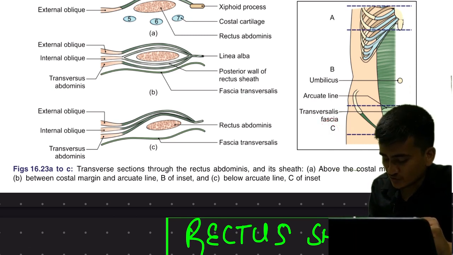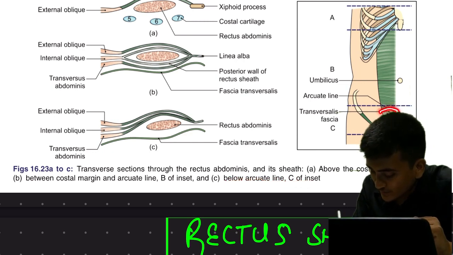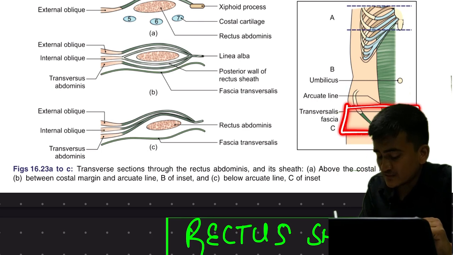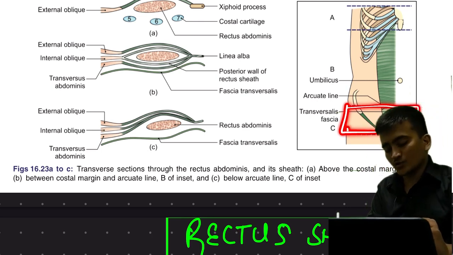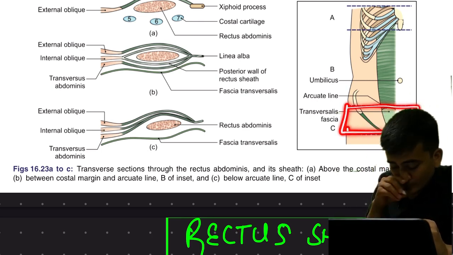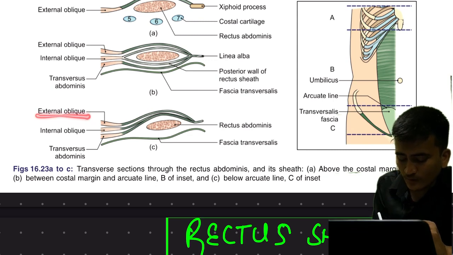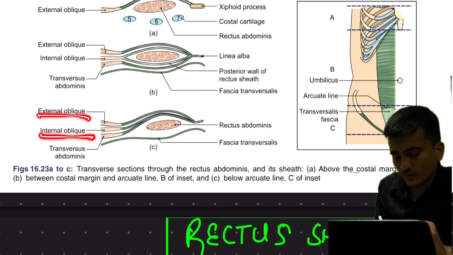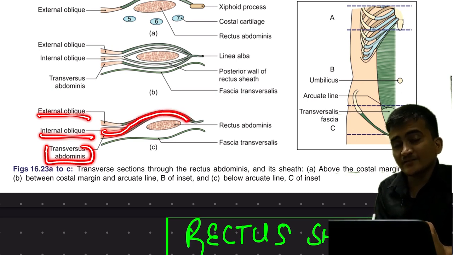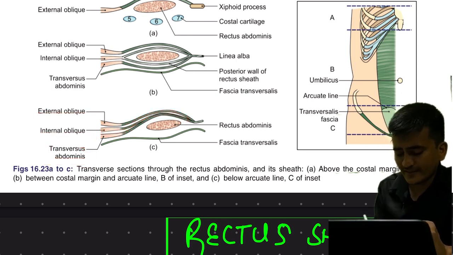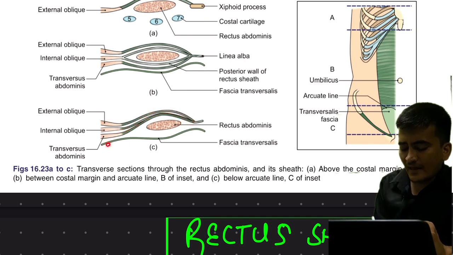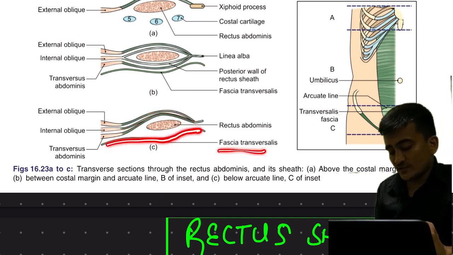This C structure is showing the structure below the arcuate line, since this is the arcuate line, as you can see right here. Here the external oblique, internal oblique and transversus abdominis all contribute to the anterior wall of the rectus sheath, right, and on the posterior wall we have the fascia transversalis.